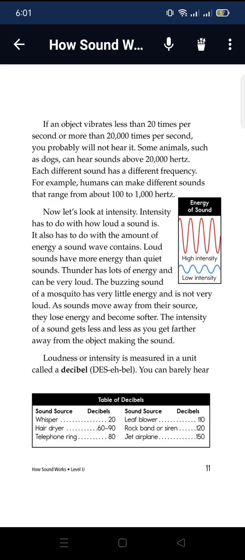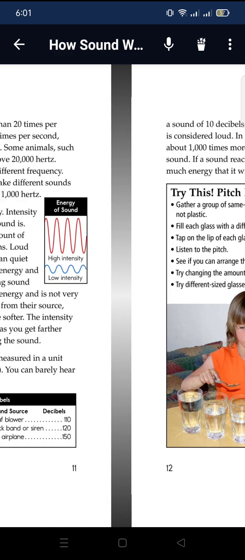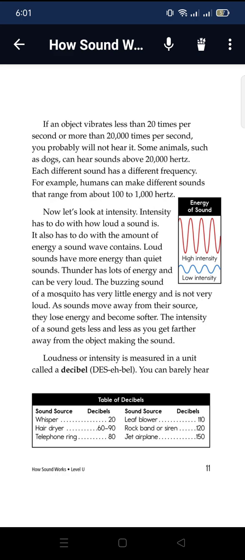If an object vibrates less than 20 times per second or more than 20,000 times per second, you probably will not hear it. Animals such as dogs can hear sounds above 20,000 Hz. Each different sound has different frequencies. For example, humans can make different sounds that range from 100 to 1000 Hz.